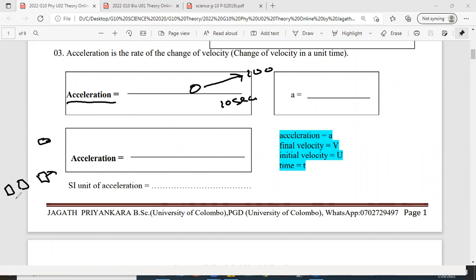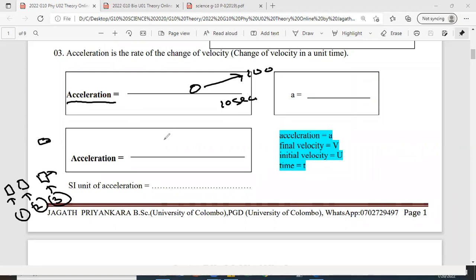But usually a lorry or bus has a clutch, a brake and an accelerator. There are three: number one, the clutch; number two, the brake; and number three, the accelerator. So when you accelerate the vehicle, the velocity is increasing rapidly.